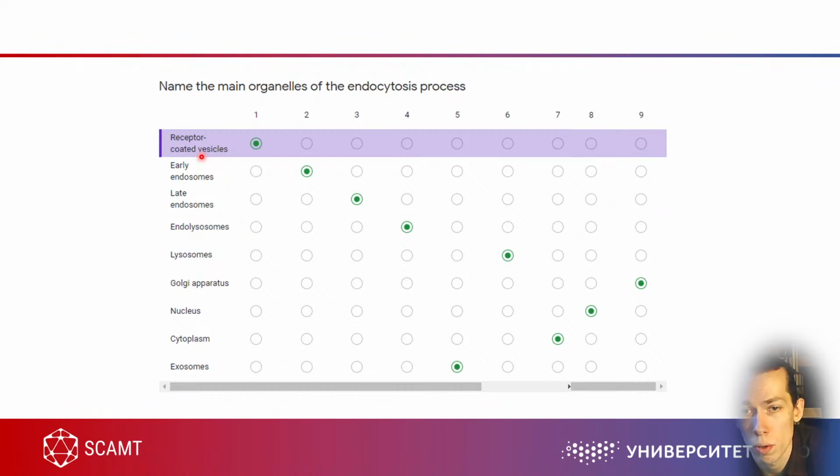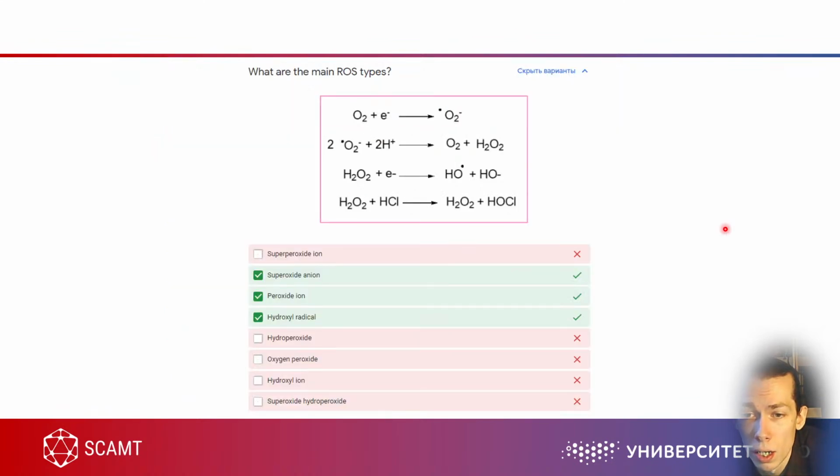Then it proceeds to late endosome, and when the late endosome meets a lysosome, it forms an endolysosome. So it goes early, late, endolysosome. That's why it even has numbers 2, 3, 4. Some of you misplaced late endosomes and endolysosomes, but the rest of you succeeded with this question.